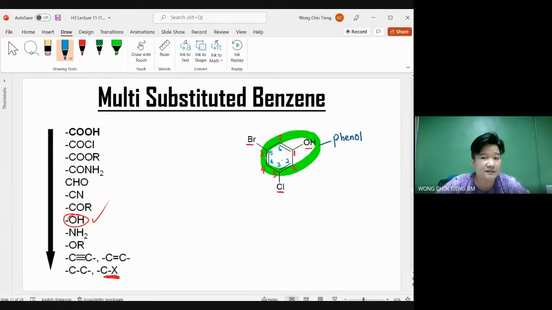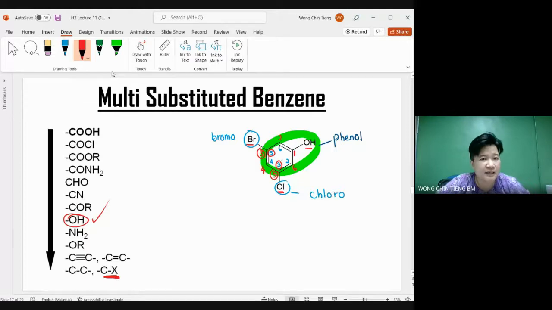Okay, saya agree lah, sama je teacher. Tapi, bromo, fluoro. Kalau pusing atas dengan pusing bawah, masih akan memilih nombor yang sama, which is 3, 5.